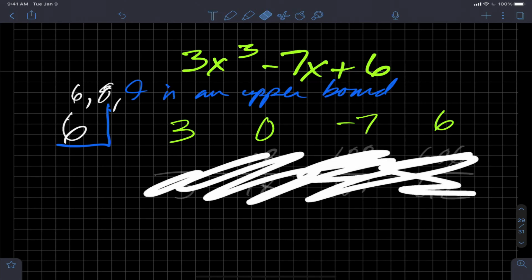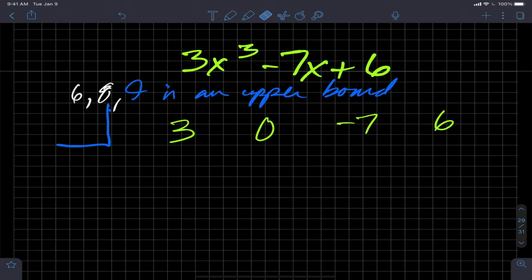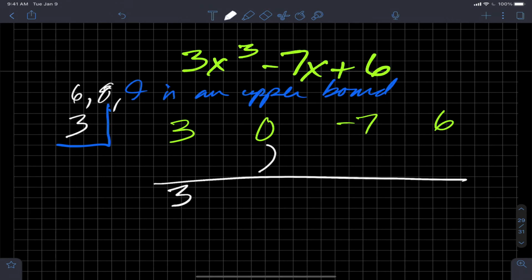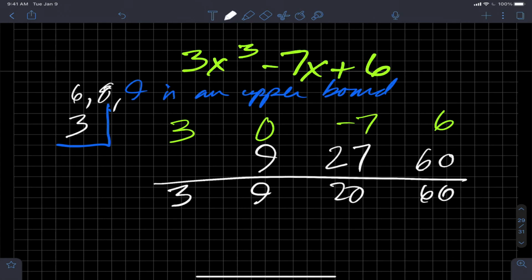If I had some more insight, I would have chosen maybe 6 to start with, but I don't know. Let's go down to 3. That might be too far. We'll find out. 3 times 3 is 9. 9 plus 0 is 9. 3 times 9 is 27. Add a negative 7, and I get 20. And 3 is an upper bound. Perfect. So I just skipped 5 and 4.